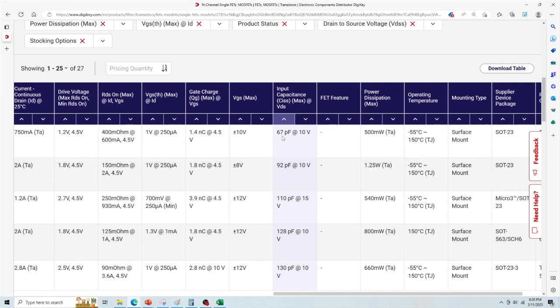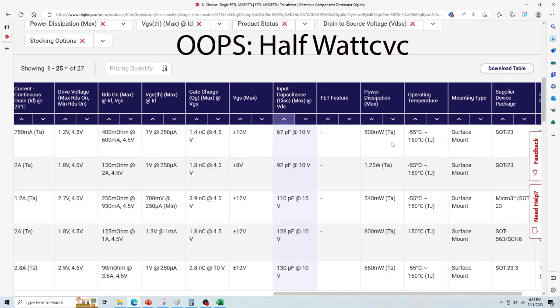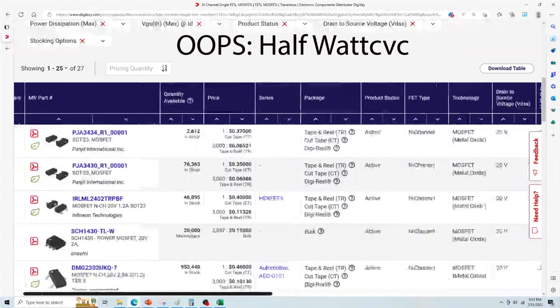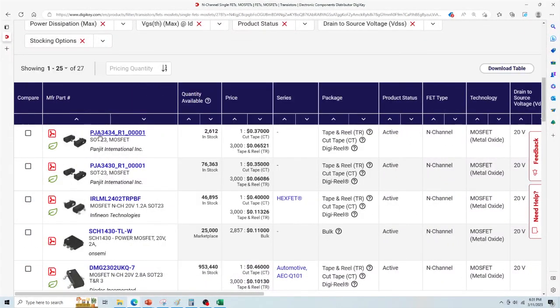The other guy we picked before only had 33 picofarads, so this is twice the picofarads, but it's still down low, and it can handle a half a watt of power. Okay, so we're going to prototype with the PJA3434. I've already purchased 1,000 of these because this is the one that came up last time I did this. They're already in stock. Okay, and that is how we select the transistor.